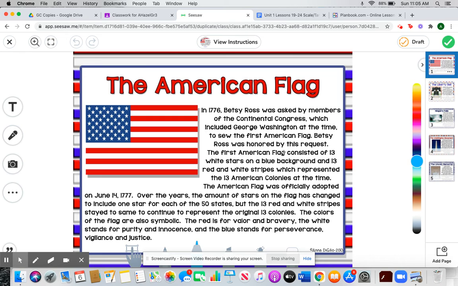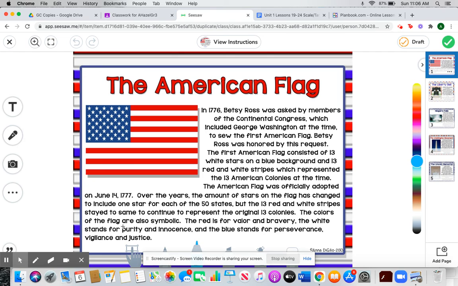The first American flag consisted of 13 white stars on a blue background and 13 red and white stripes, which represented the 13 American colonies at the time. The American flag was officially adopted on June 14th, 1777. Over the years, the amount of stars of the flag has changed to include 1 star for each of the 50 states, but the 13 red and white stripes have stayed the same to continue to represent the original 13 colonies.